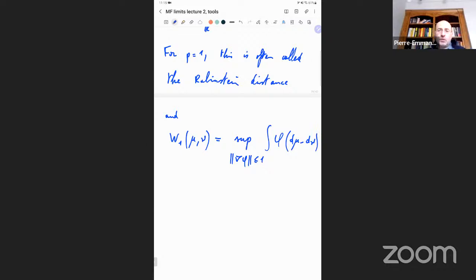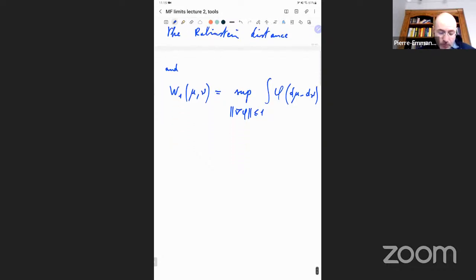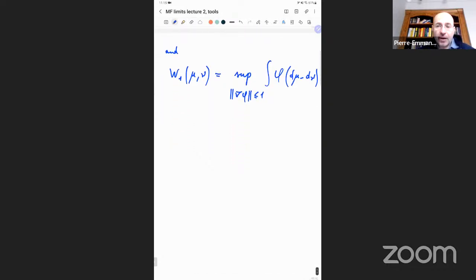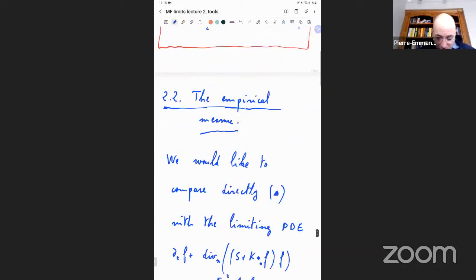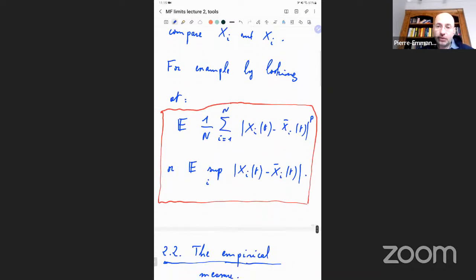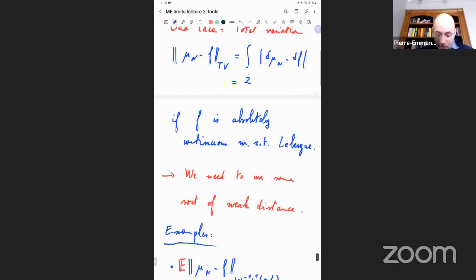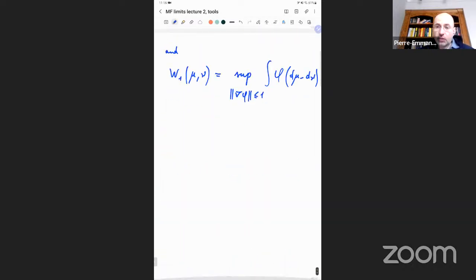So a very similar expression. And there's a reason why Wasserstein distances are extremely popular. That's because they are a very good fit with our previous type of distances. And this is something that we can make very precise.